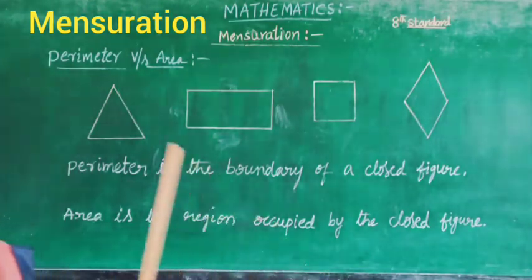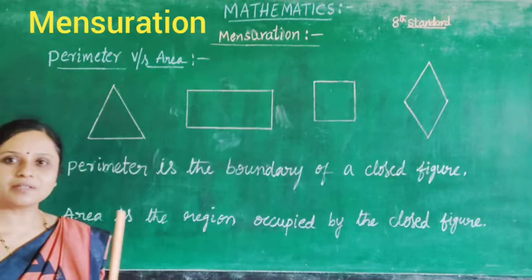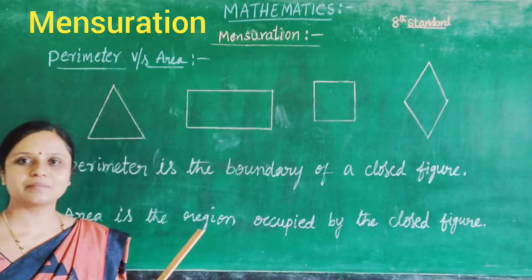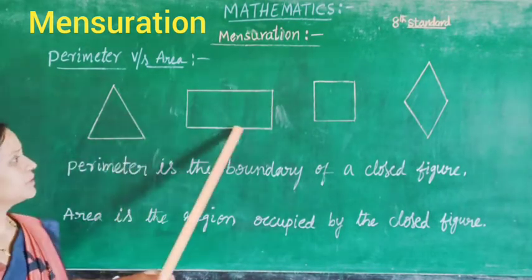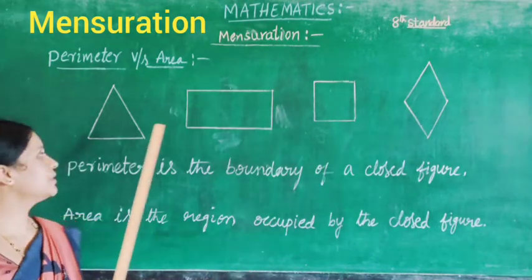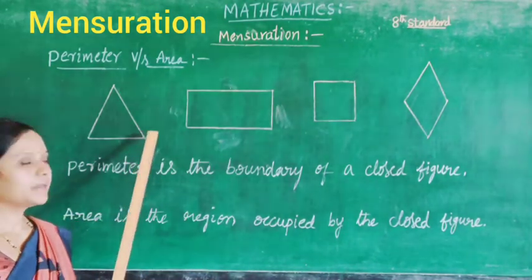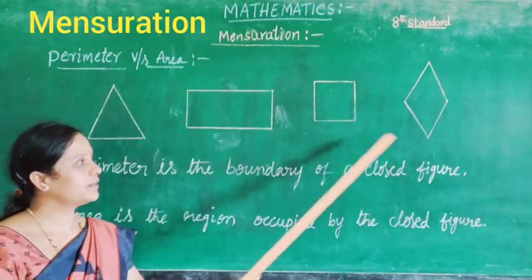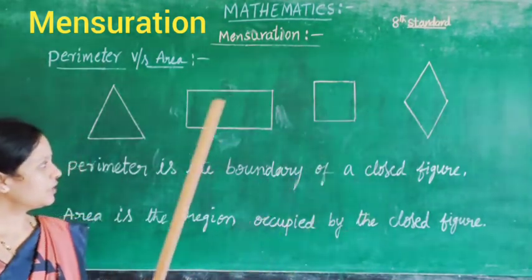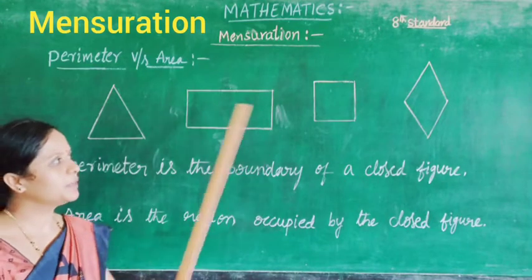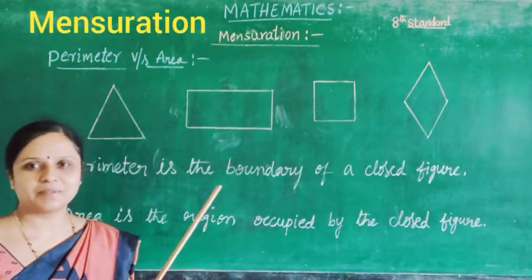Students, now coming to this perimeter. What is perimeter? Look at all these figures. Here is a plane figure: rectangle, triangle, rectangle, square, rhombus. Students, all of you are familiar with these examples.